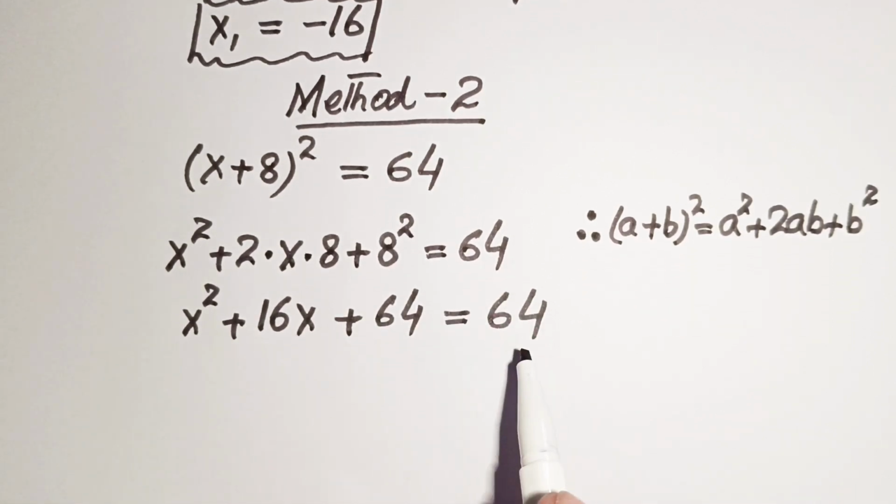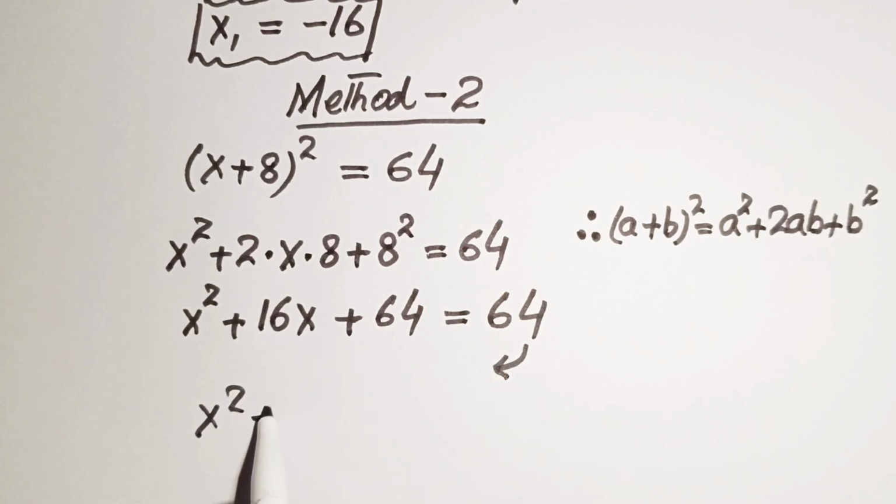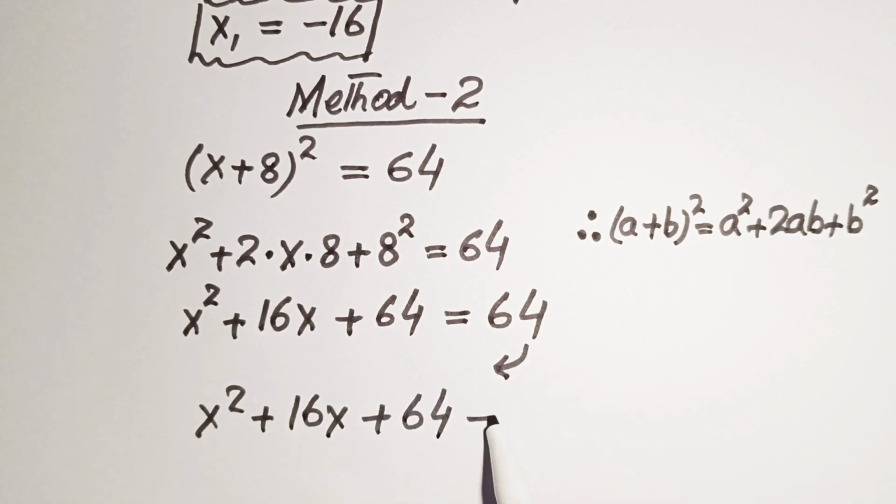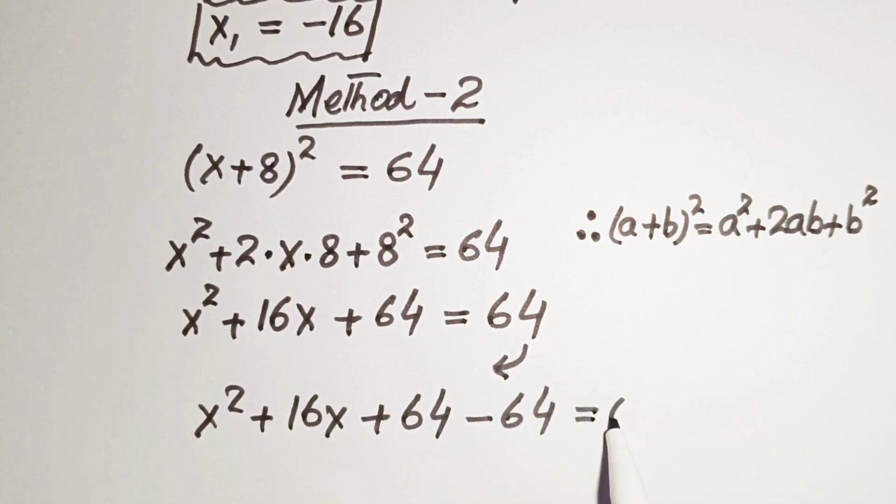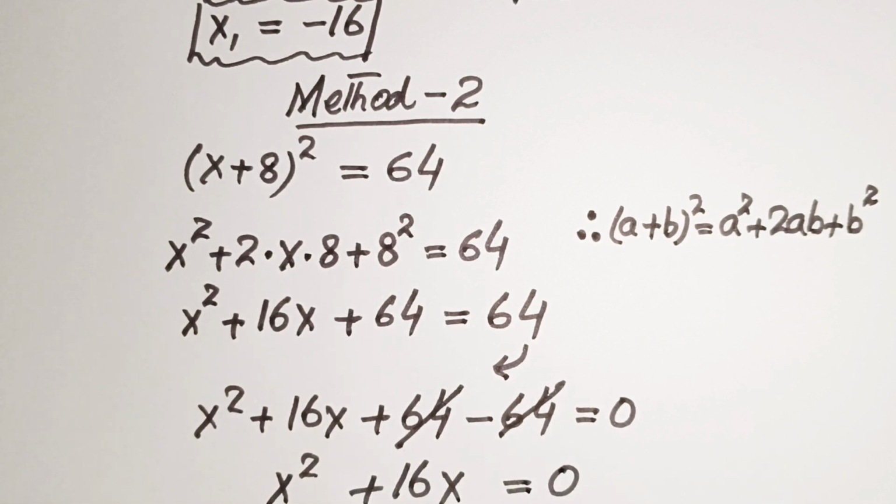Now shifting this 64 to our left hand side, we have x² + 16x + 64 − 64 = 0. Cancelling positive 64 and negative 64, we have x² + 16x = 0.